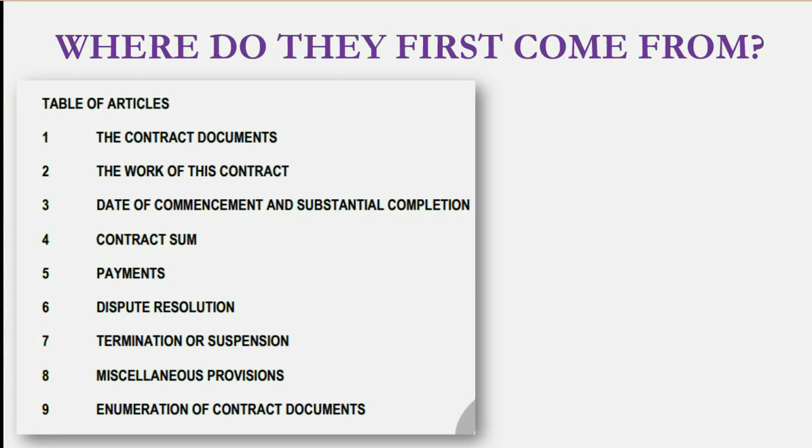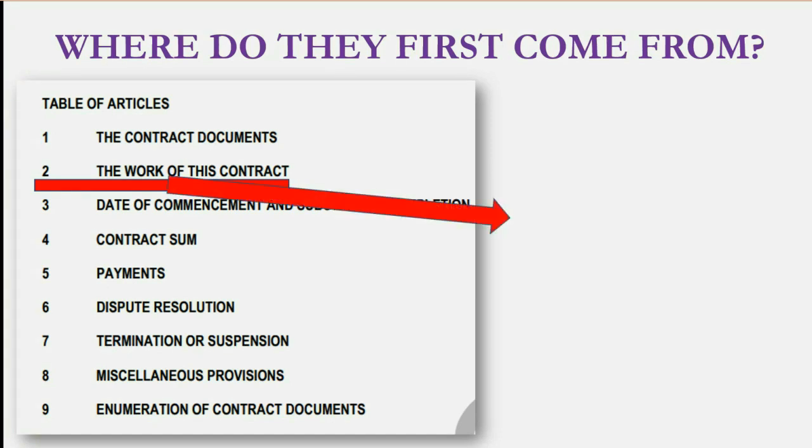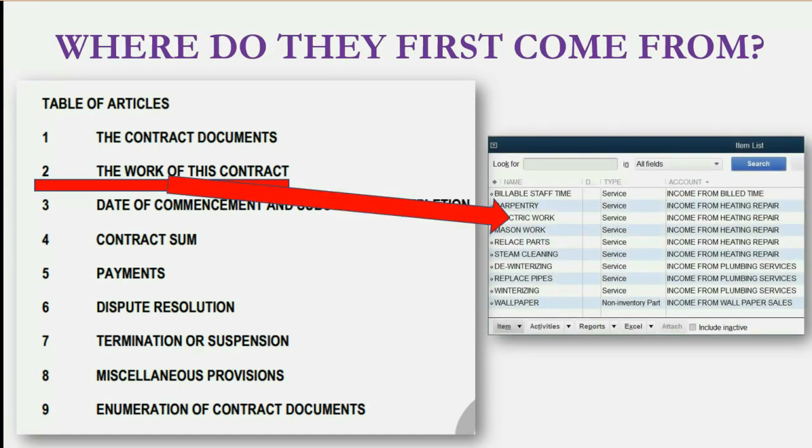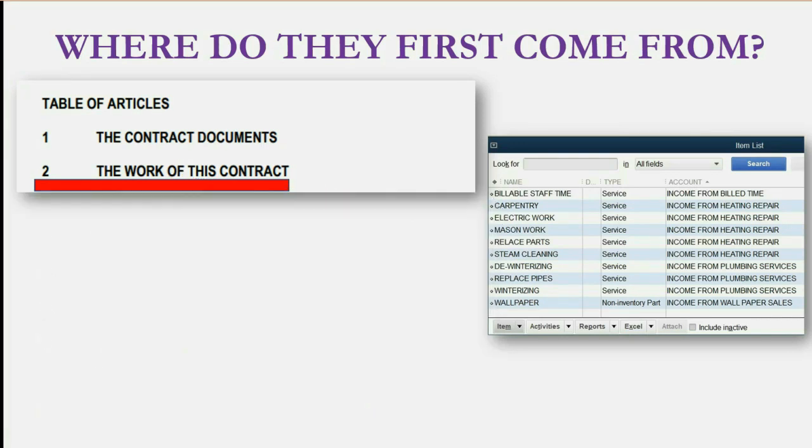The most important section for purposes of this video is the section called Work of this Contract. That's really where you decide which items from your items list to put on the estimate and on the invoice and to bill in partial phases for progress invoicing.